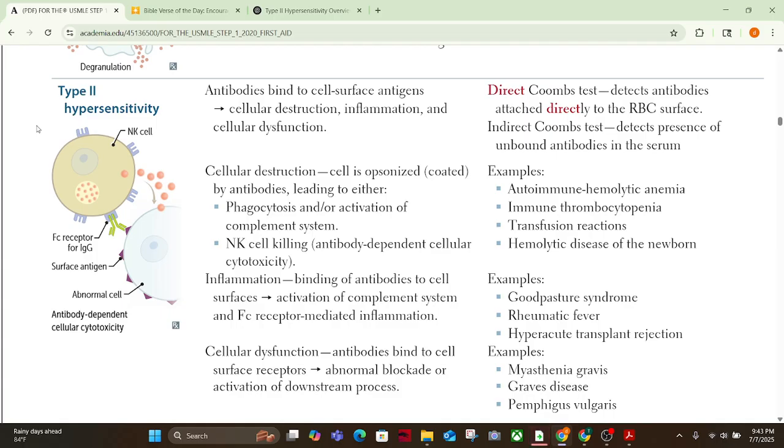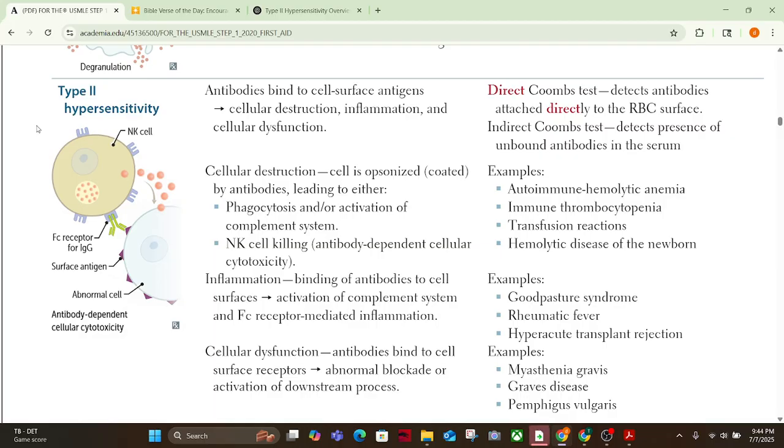Okay, so that means that the antigen is attached to the cell and the antibody comes to bind this and causes cell destruction.